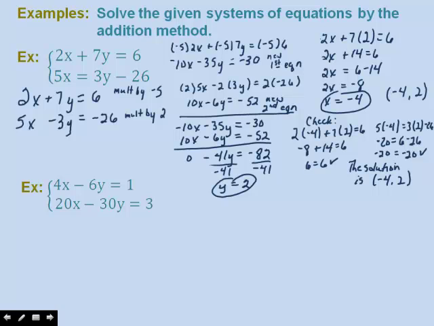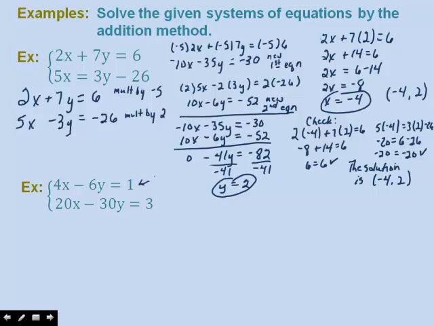That would give us a negative 20x, so we could cancel our x's. Or with our y's, since we have a 6y and a 30y, we could multiply the 6y by a negative 5 to make it a positive 30y, and that would eliminate the y's. So really it doesn't make any difference which one of these we do.